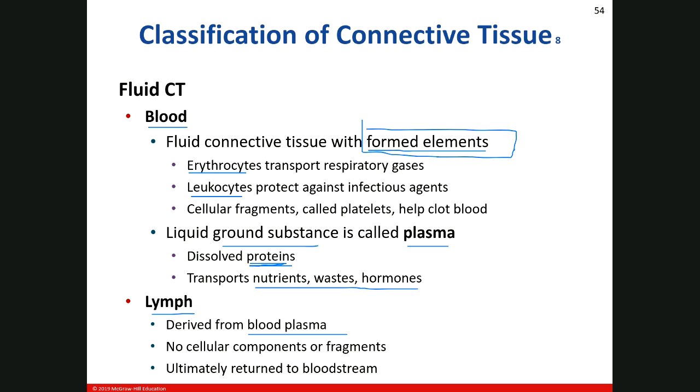We won't talk about it this semester, but you'll see the lymphatic duct and the thoracic duct, which are parts of the lymphatic system, dump the lymph back into your blood system. So when we talk about the lymph, we will not have any cellular components, or any parts of cells, in the lymph. Blood we will, but lymph we will not.